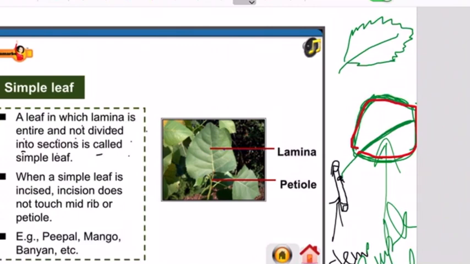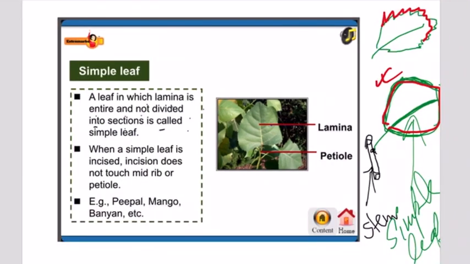They do not have incisions. Incision means cuts. Like this, it has cuts. Like that, we do not have any cuts in this simple leaf. Now if the simple leaf is incised, if there is some kind of cut in the leaf, let me draw this type of leaf once.